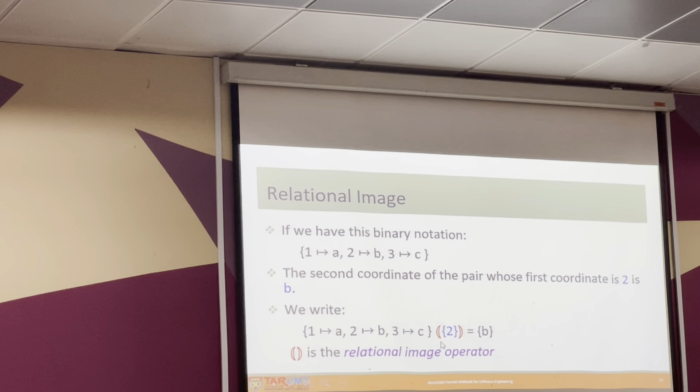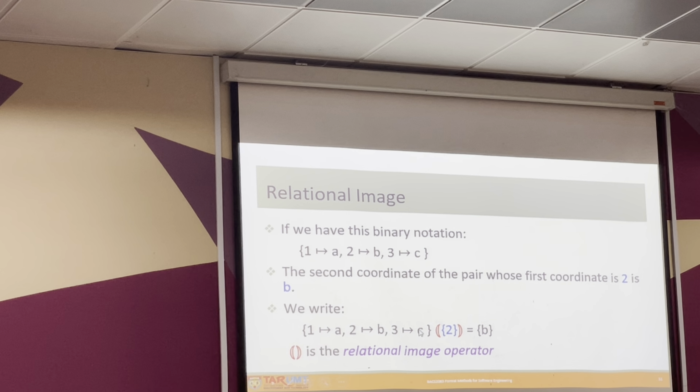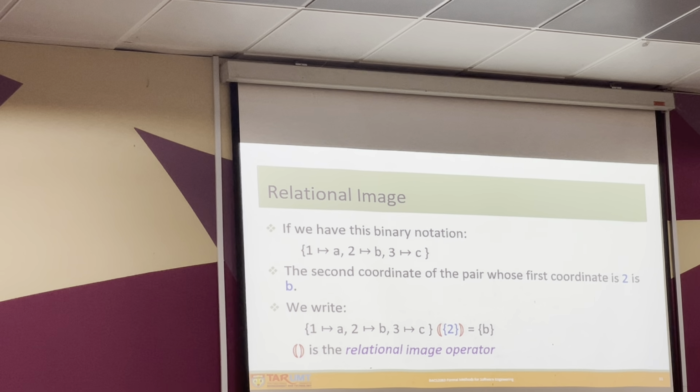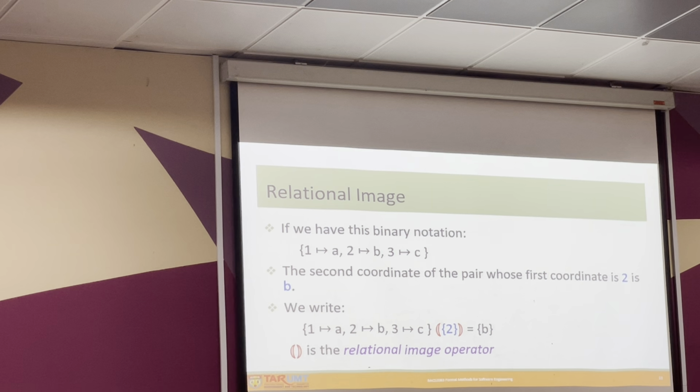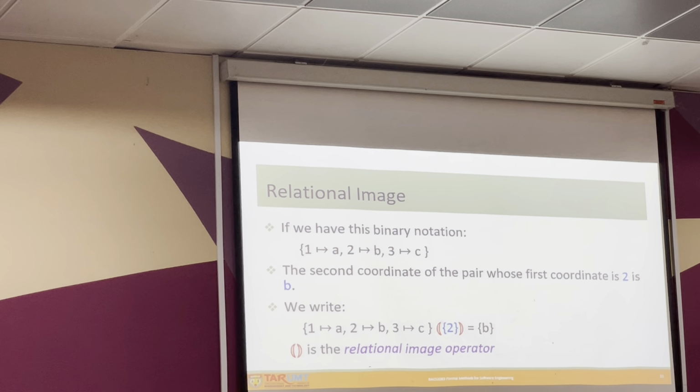Okay, so this is actually the symbol. The result will be the range data only. Remember, relational image will produce the range data only. Domain restriction will produce both domain and range together.